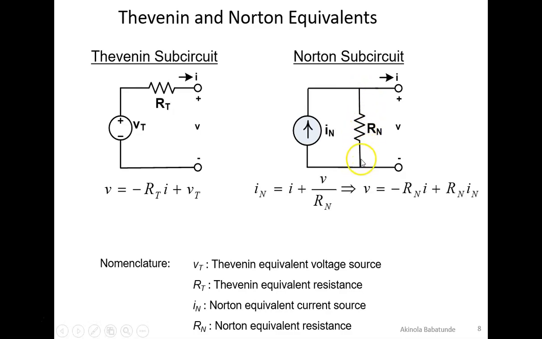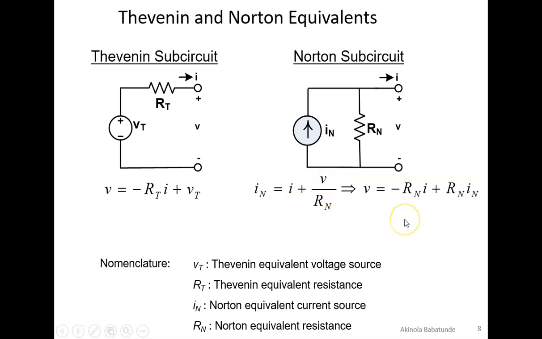The current flowing here would be equal to V over Rn, because according to Ohm's law, I is equal to V over R, and the voltage seen by this resistance is the voltage V at this terminal. So we have minus In plus I plus V over Rn equal to 0.